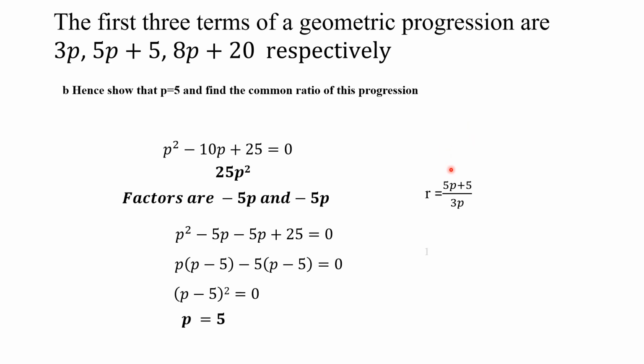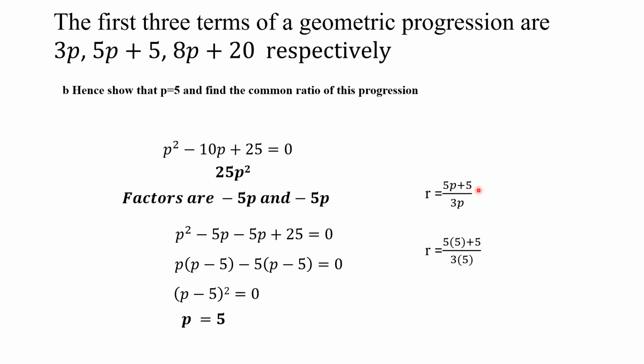So we now substitute the value of p to get the value of r. So p is equal to 5, so we substitute 5 for p. Wherever there is p, we put 5. So it becomes 5 multiplied by 5 plus 5 divided by 3 multiplied by 5.